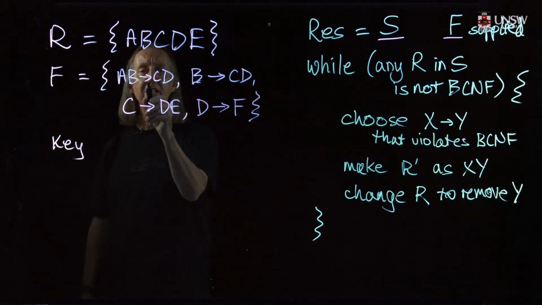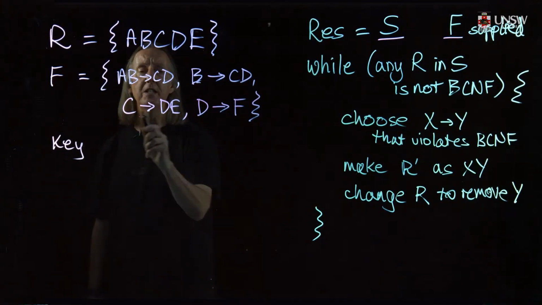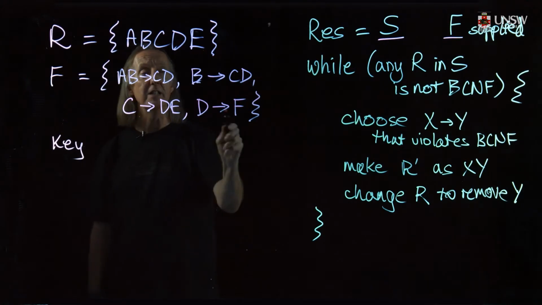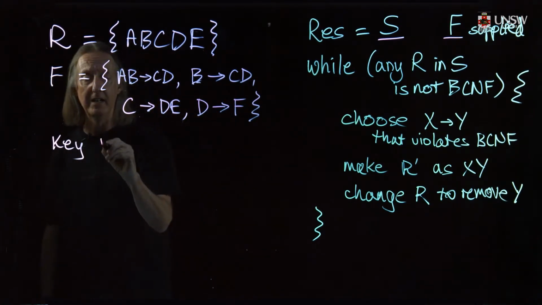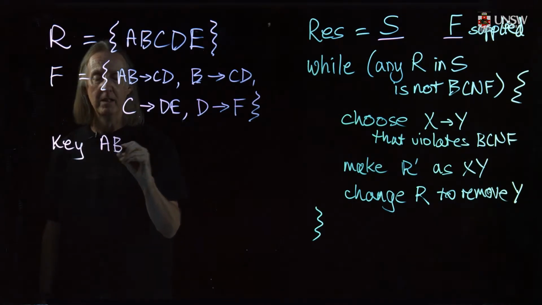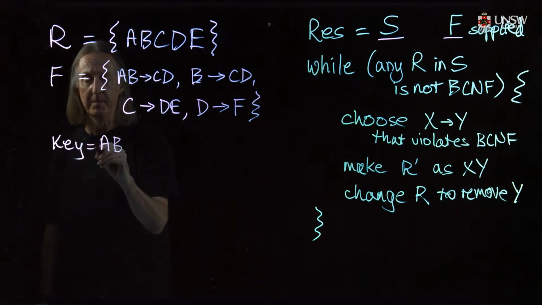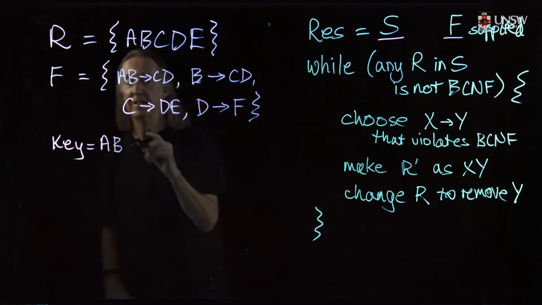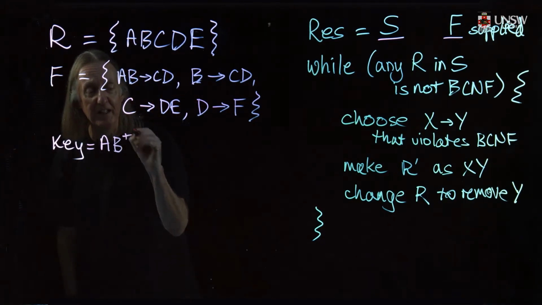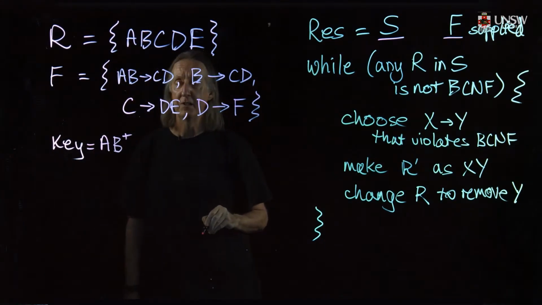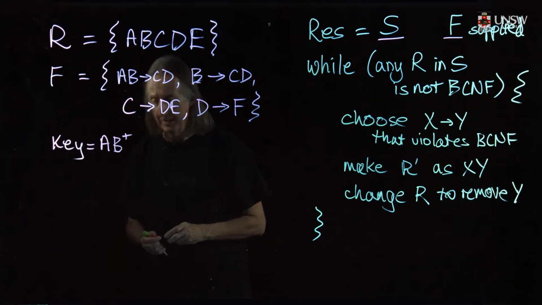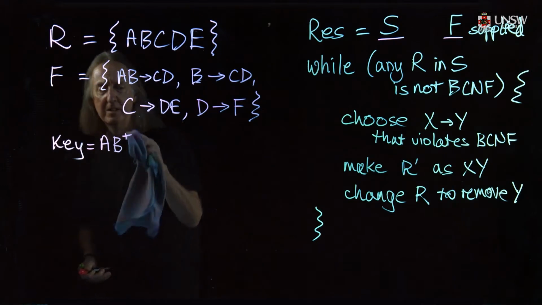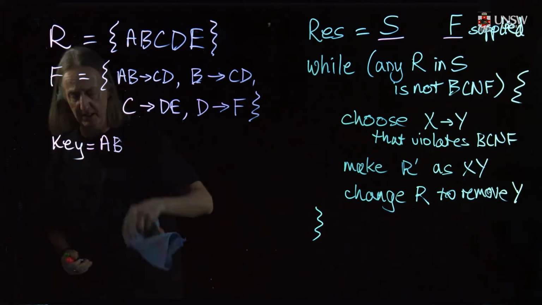Well, AB determines CD, C determines DE, and D determines F. So it's pretty clear straight away that AB is the key. The way you can work that out is you take the closure of attributes under AB, and it includes all the attributes in the table. So AB is a key.